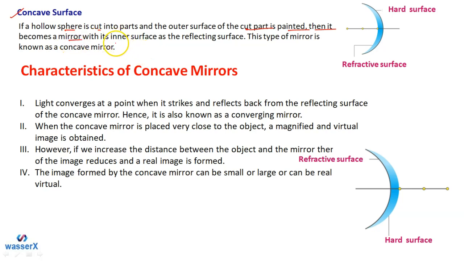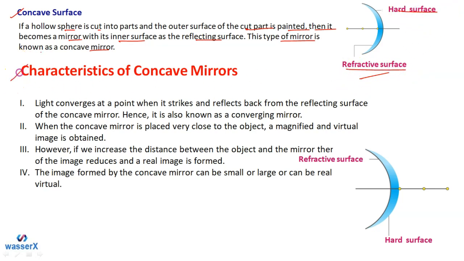Why? Because the inner surface is very smooth and has the characteristic of reflecting back all the rays that fall on it. This type of mirror, whose reflecting surface is the inner surface, is known as a concave mirror, as you can see in this picture. It's a hard, reflecting surface.